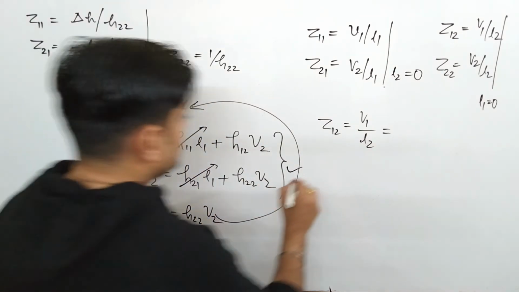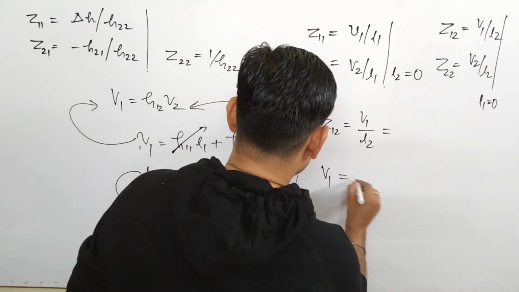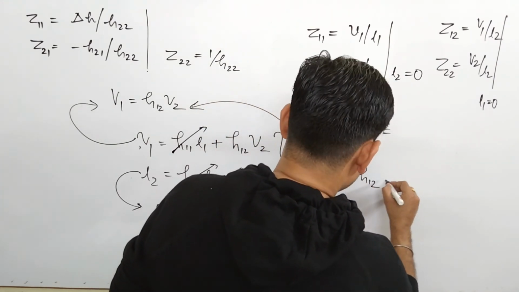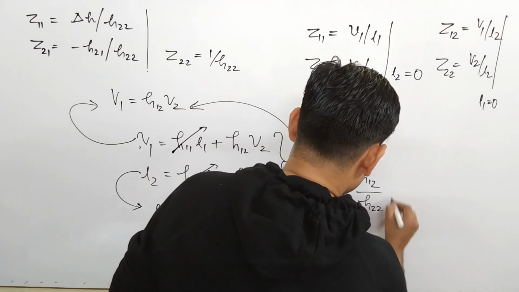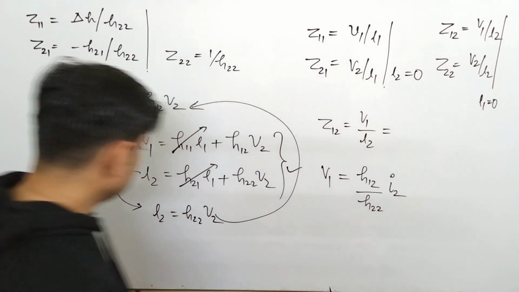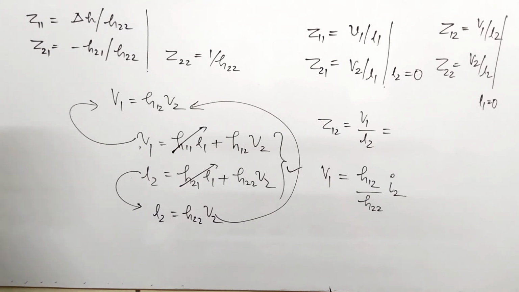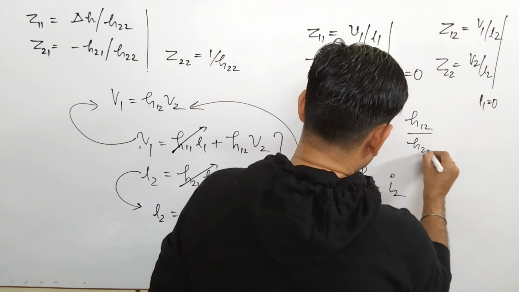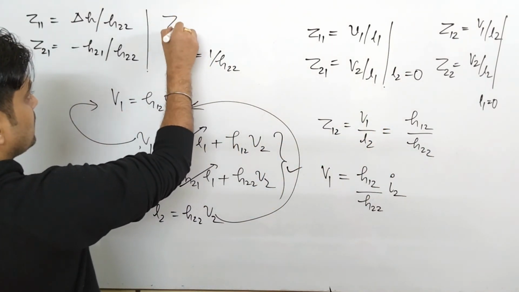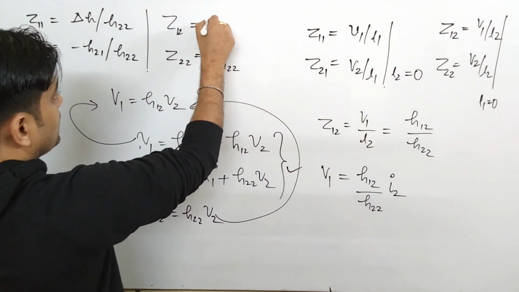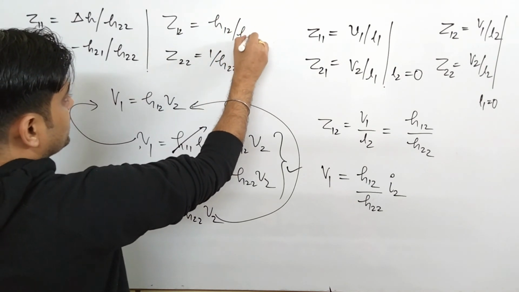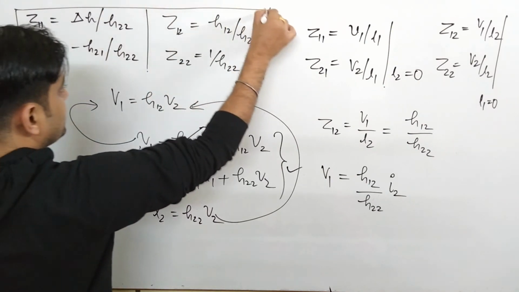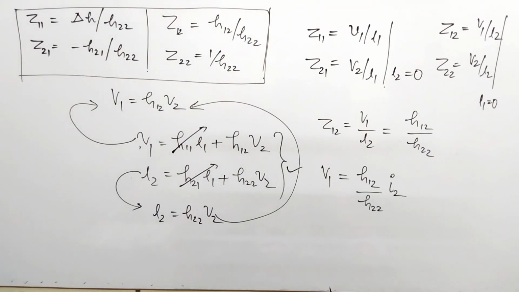So v1 is h12 into h12 upon h22 into I2. So v1 by I2 comes to be h12 upon h22. So your parameter z12 comes to be h12 upon h22. So this is your z matrix when the h matrix is mentioned.